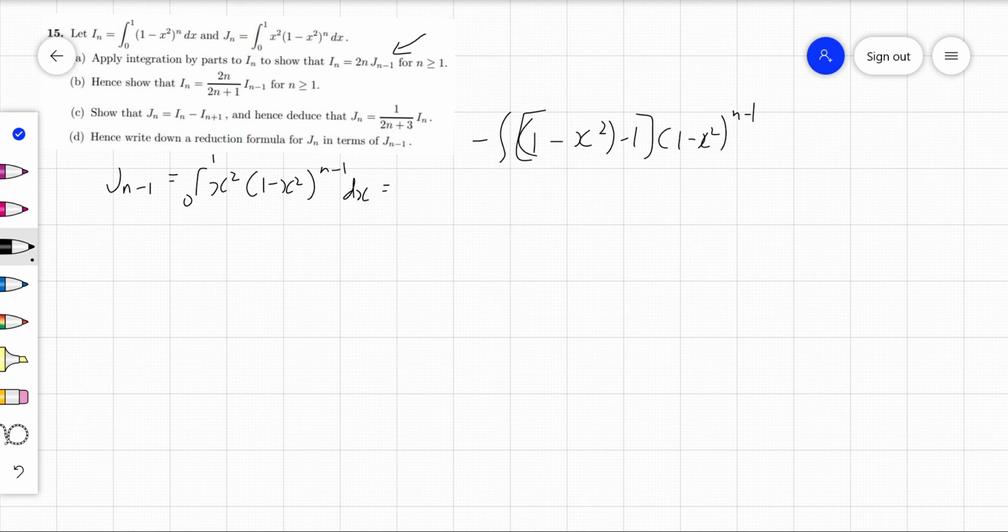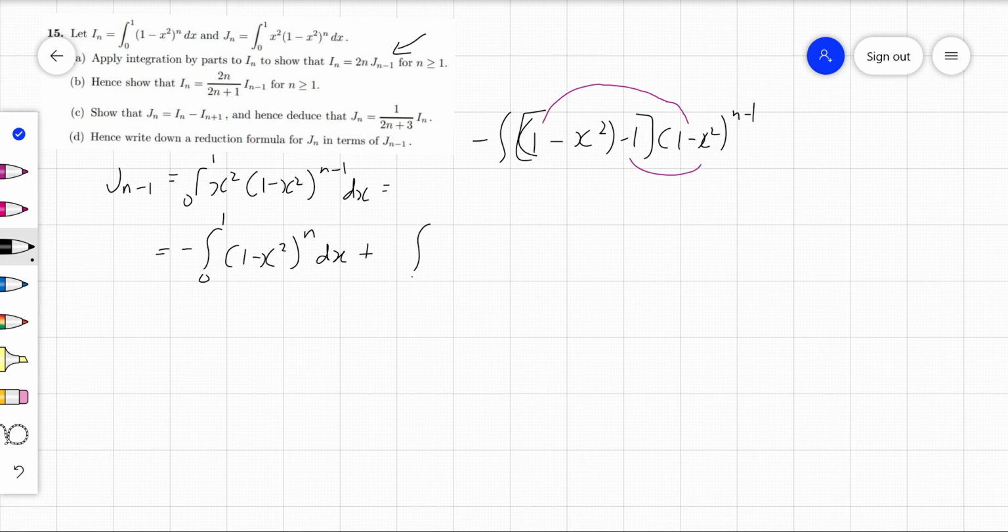So again, I can do this bracket times this, and then I'll do that times that as well. So I'm going to get two integrals there. You can see I'm going to have a minus integral that is just 1 minus x squared to the n, since n minus 1 plus 1 is n.